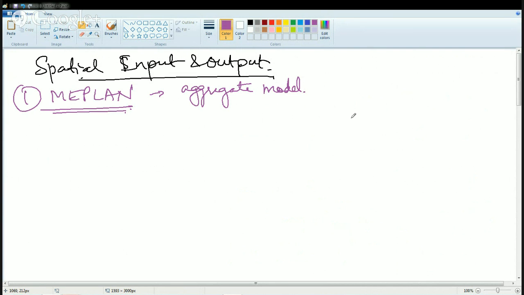It tries to divide the space into zones. So you have various zones and you try to allocate various activities to each zone. So for example, zone 1 is fishing, zone 2 is mining. So you try to allocate different activities to different zones. You try to give information about the employment sector in each zone.